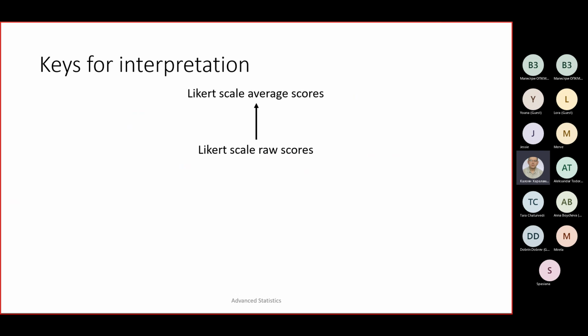The first way is to calculate average scores. Since we use score scale with 5 scores and we sum answers of 6 items or 6 statements, we can divide row score by 6.